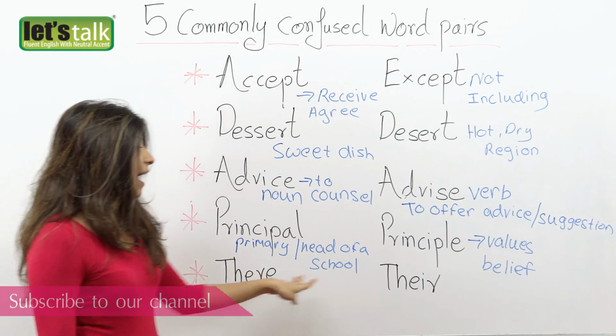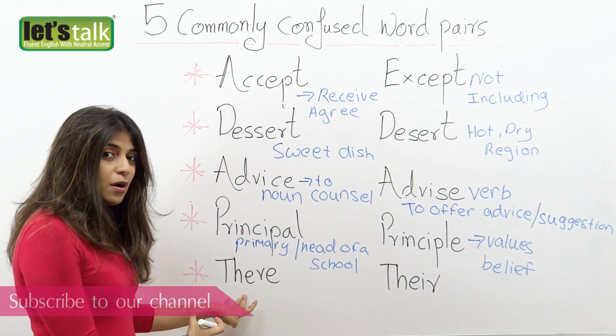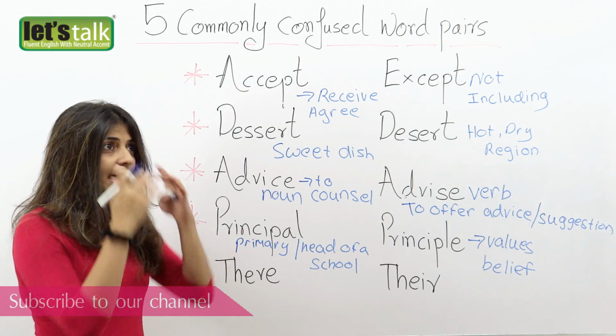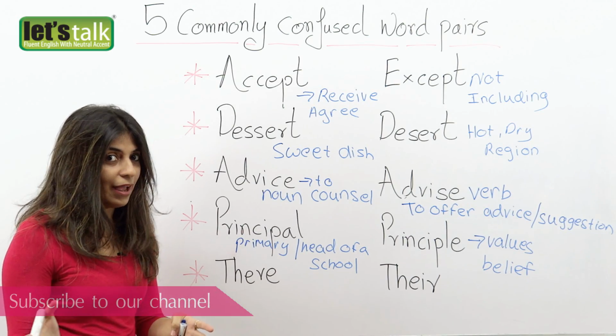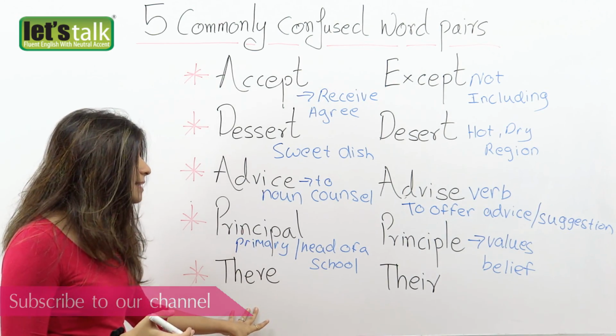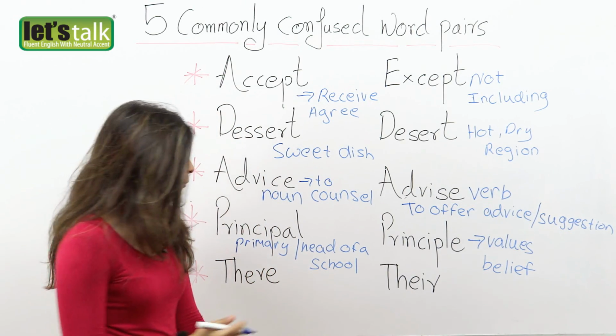All right, and let's have a look at another word here. That's there and their. Now here, there is an adverb of place, like I went there, she stood there. So that's an adverb of place, whereas their is a possessive pronoun.